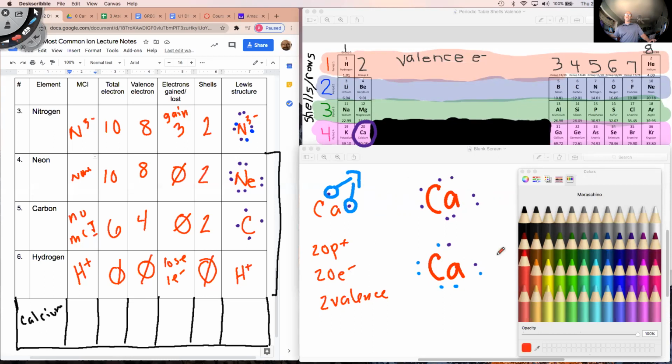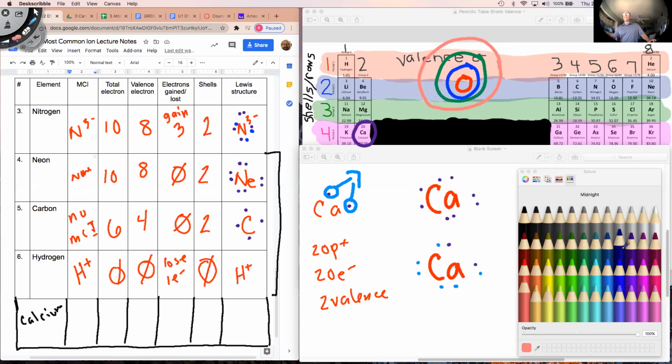Now, remember, we have our first shell, and then we have our second shell, which is going to be full. And in this case, then we would have our third shell, which is full. And then we have our fourth shell on calcium, right?